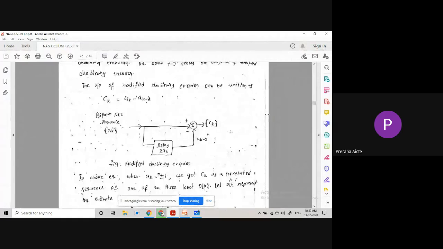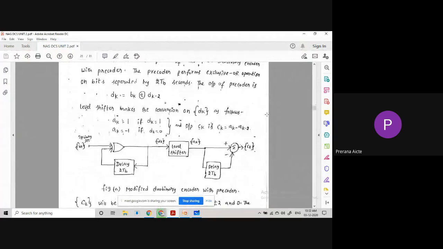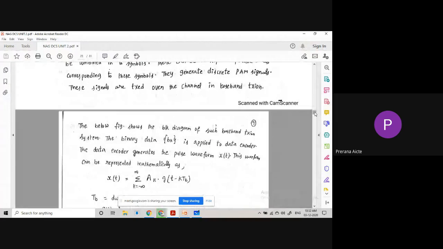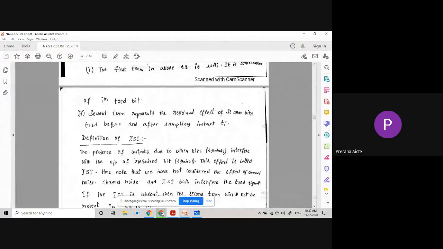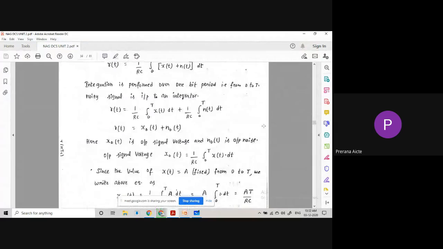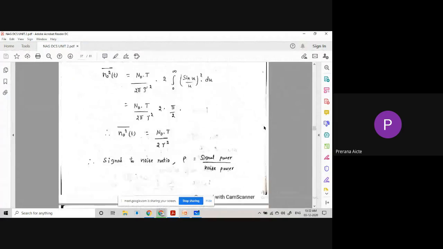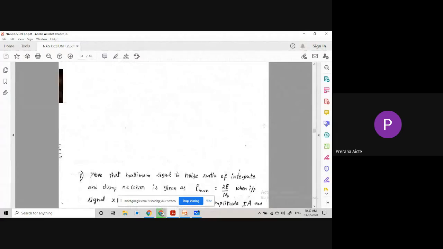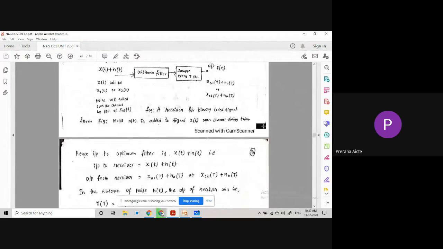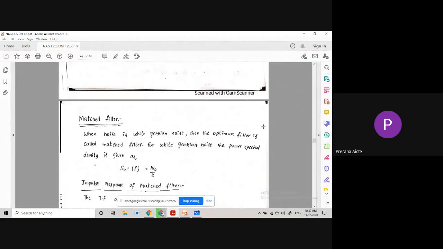We will see the three important properties of the matched filter along with their proof. Let us see the properties.